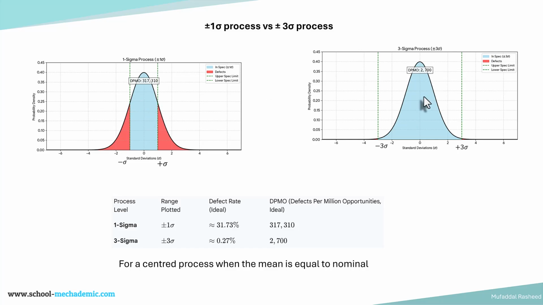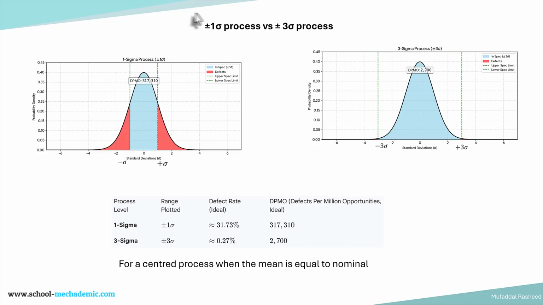So in the 1 sigma process, there is more probability of defects coming up in, let's say, 1,000,000 parts being manufactured, whereas over here the probability of defects coming up is much lesser.